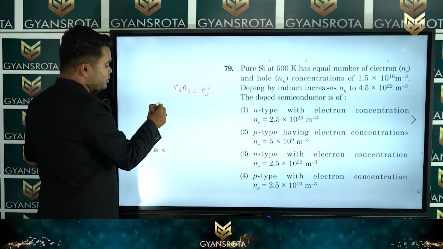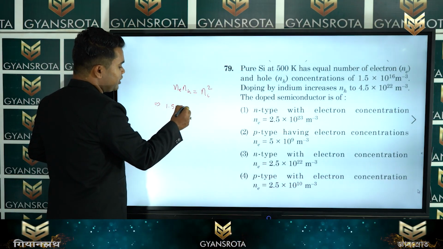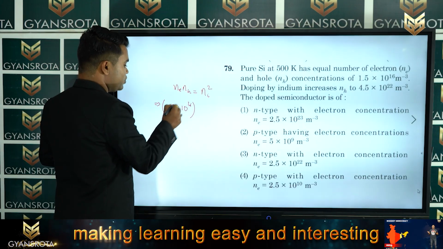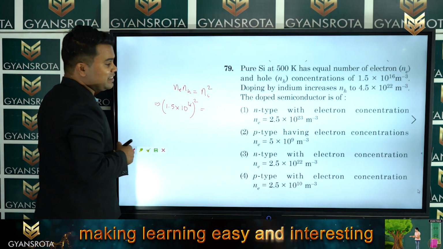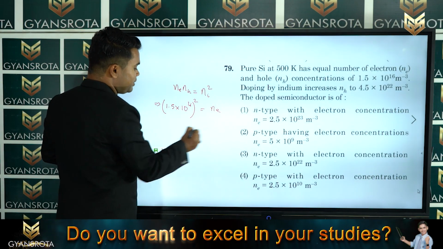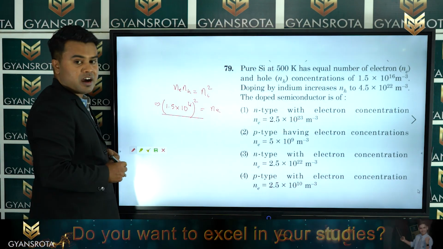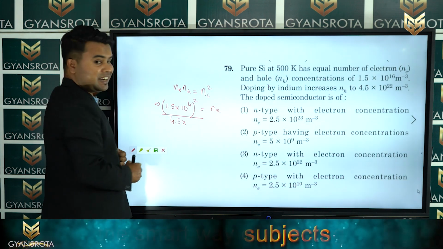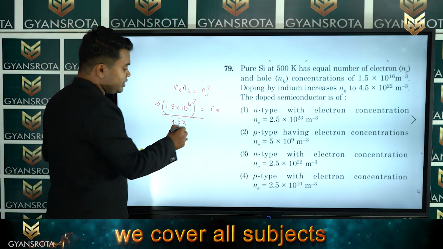Ni is 1.5 into 10 to the power 16, this is Ni whole square. Ne you need to calculate, Nh is given to you. So Ne I will keep here, Nh I will bring here. How much is Nh? 4.5 into 10 to the power 22.